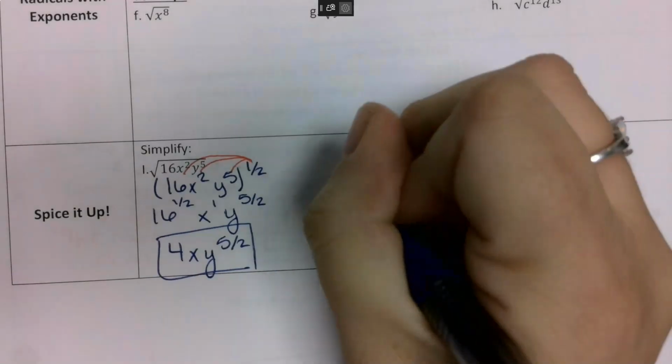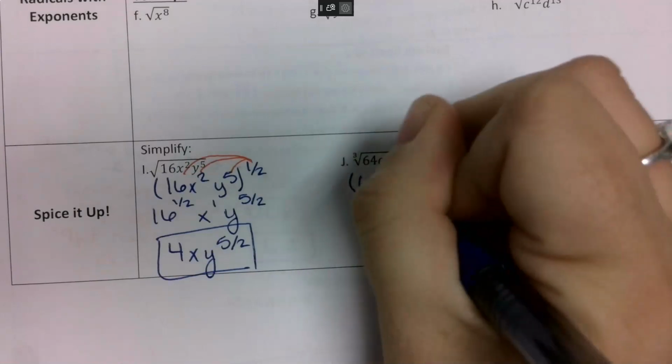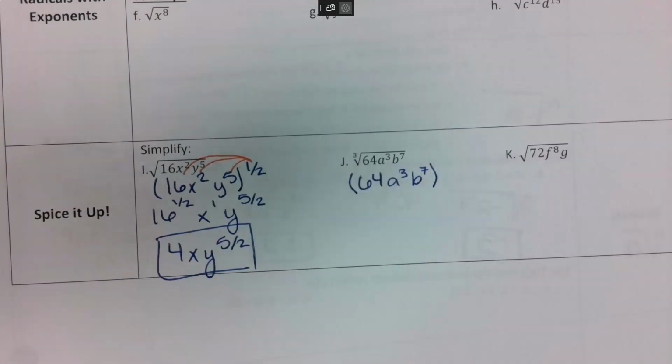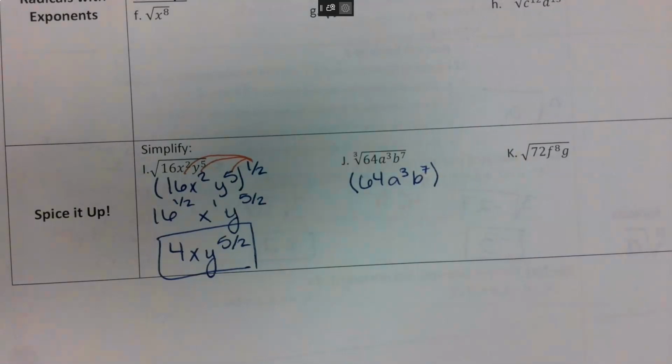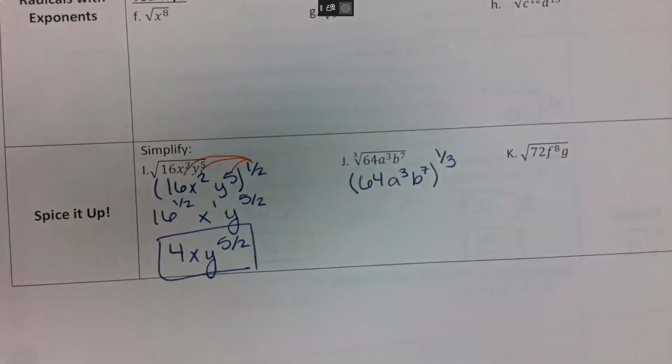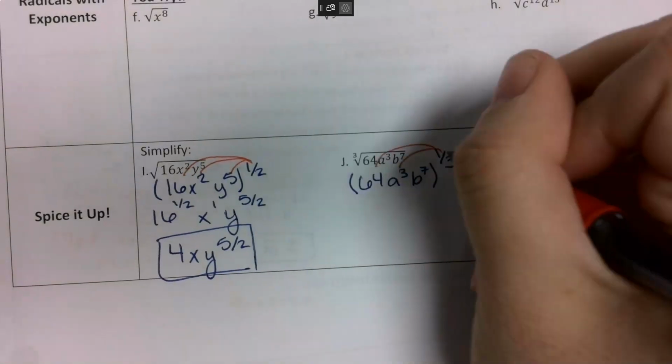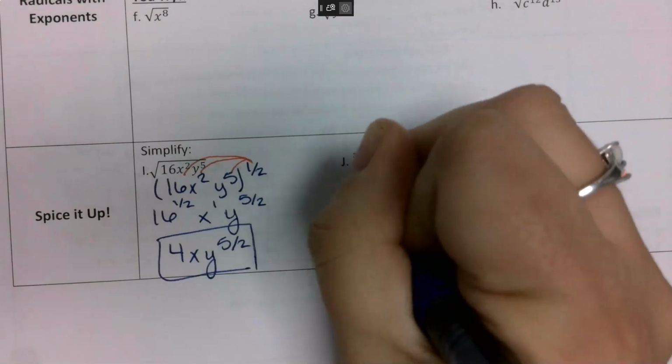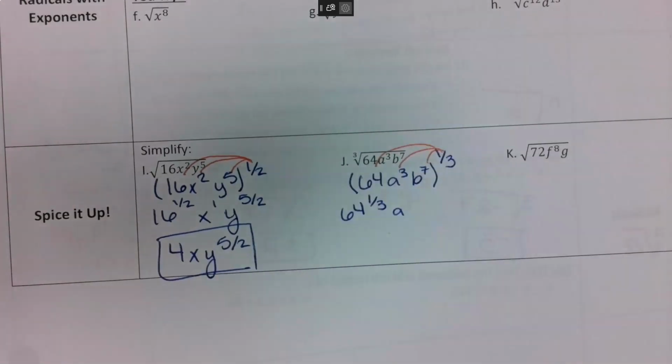Okay, so same thing on j. I'm going to write the inside part in parentheses. What's my exponent on this one? Yeah, so it should be 1 over 3. When there's a 3, I replace that. So then I want to go ahead and distribute my exponent again. What's 3 times 1/3? 1.